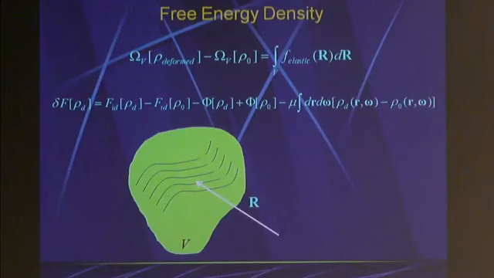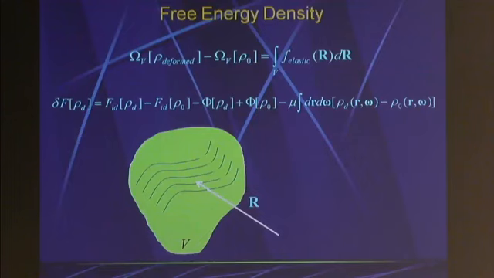So free energy density. We are interested in how the whole free energy changes when the nematic is deformed. So we need to compare the initial state, whatever initial state is taken, rho 0, that is deformed to give rho deformed, and we calculate the difference of these two ground potentials.